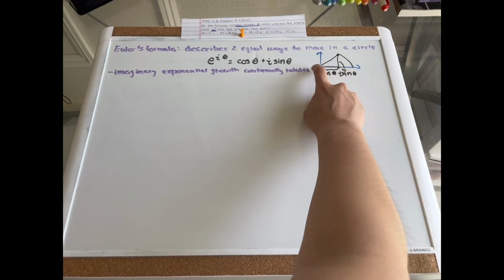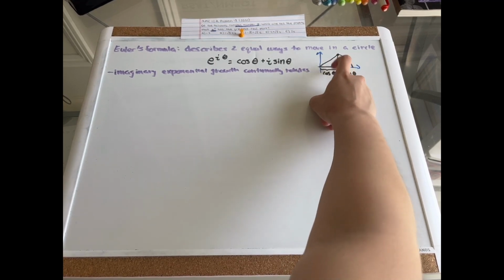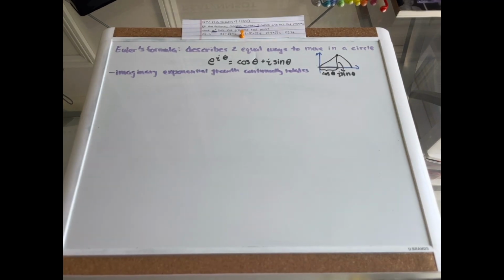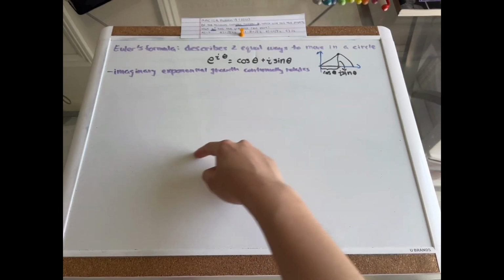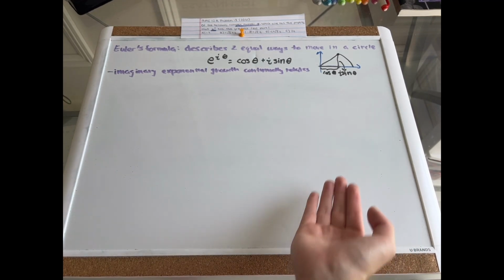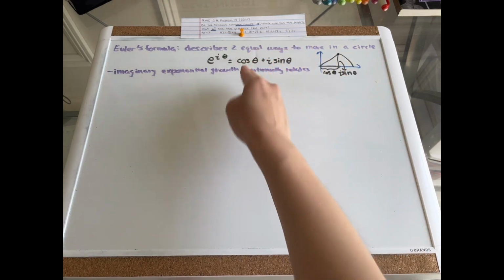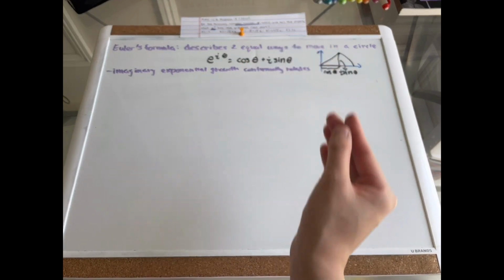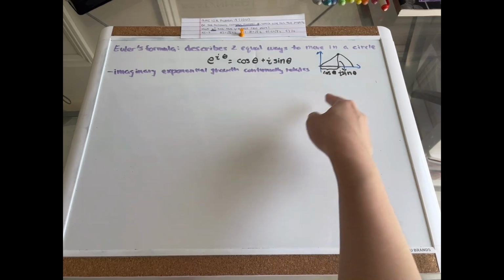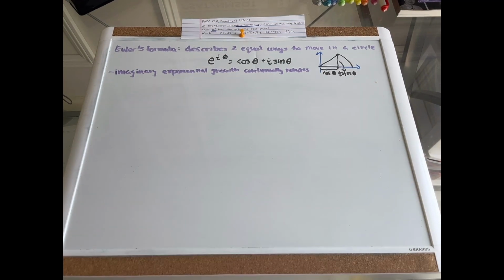You can also view it as go over x and then go up y. So basically, imaginary exponential growth continually rotates. Unlike exponential growth, which always increases like this, an imaginary exponential growth would rotate this way. So when you're raising it to a certain power, it's not going to always go up, but rather around in a circle. Now that we know this, we can use this to solve the problem.